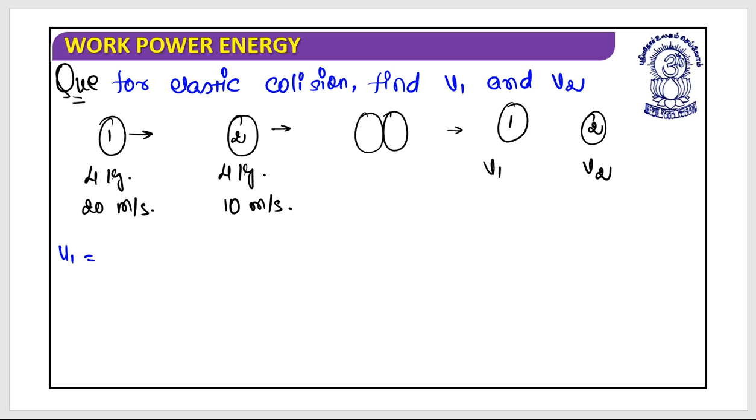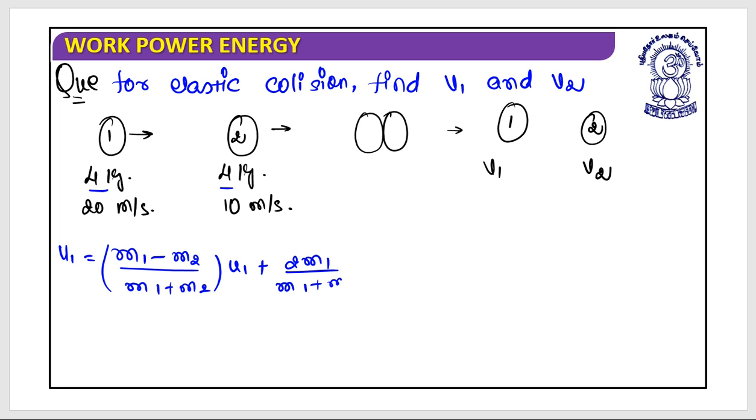The v1 was, these are the same, 4 kg, 4 kg. So this is equal to (m1 minus m2) divided by (m1 plus m2) into u1, plus 2m2 divided by (m1 plus m2) into u2.